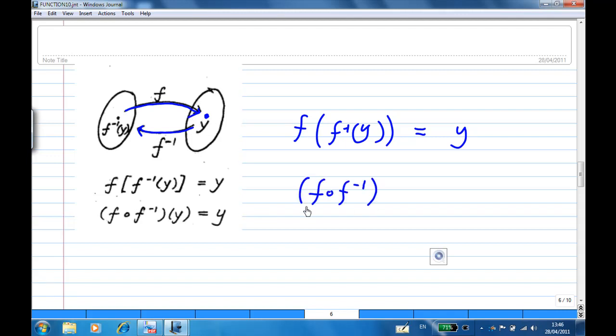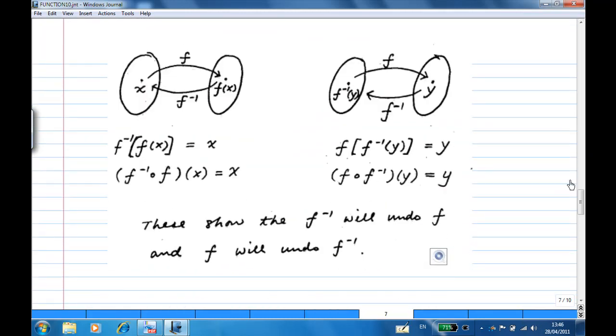F composed with f inverse at the point y is equal to y. Summary: whatever f does, f inverse will undo, and f will undo what f inverse does.